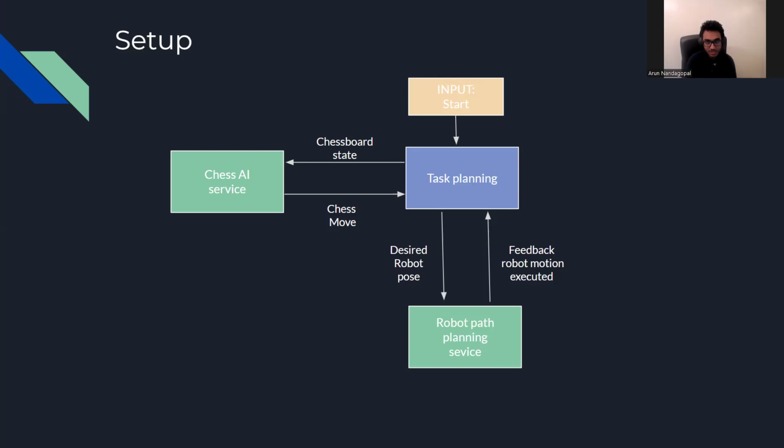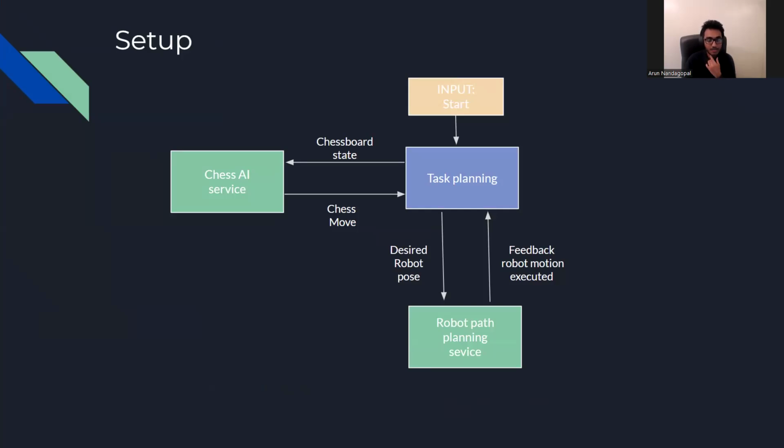The chess AI service gives the chess move, and then the task planning gets a move saying from which square, where the robot has to move from and the to square, and converts it into the robot pose, and then the robot path planning service moves the robot. So this was covered last time, but here we didn't enable the pick and place.